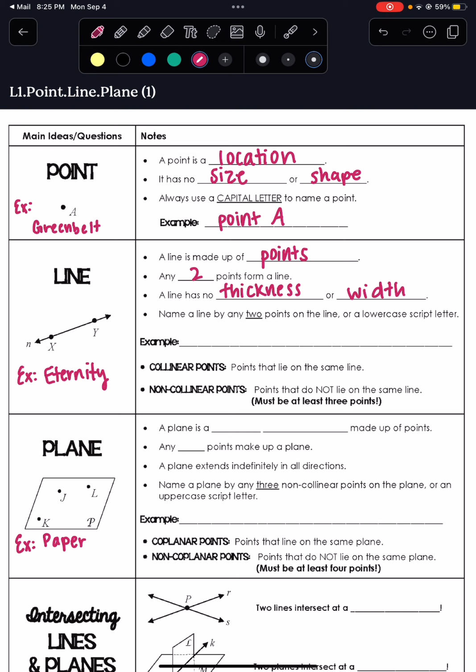So the first way that you might see most commonly is x, y. So remember our 2 points, I'm just going to re-highlight those, are x and y. And then on top of x and y, I want you to draw this little line with 2 arrows at the ends, going forever and ever and ever.